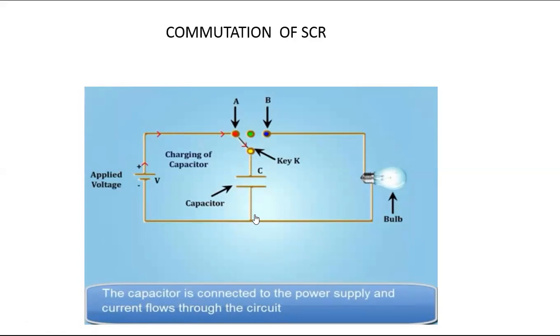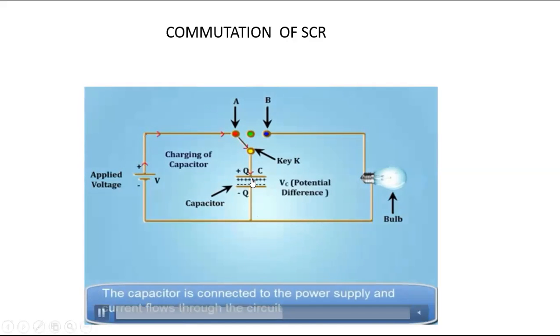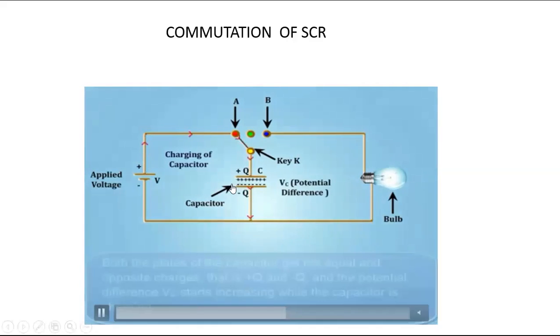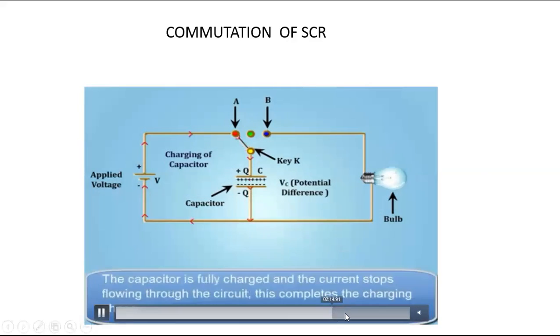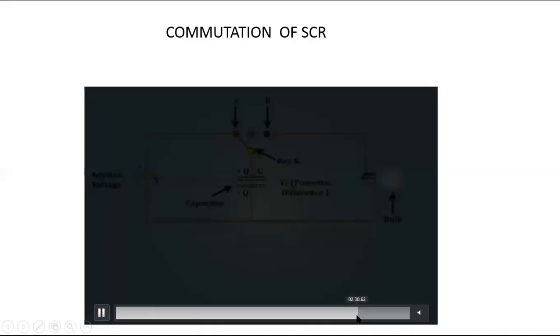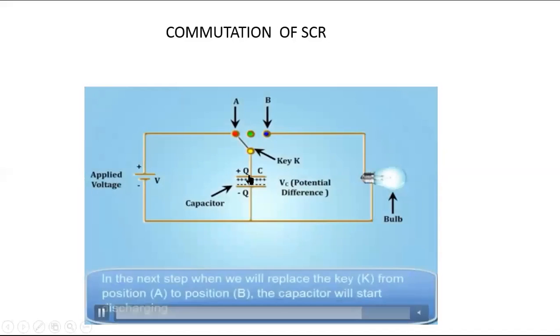But what point do we have to concentrate on here? What is the direction? You can see the positive and negative. The upper plate is positive and the lower plate is negative when the capacitor is charging. When the capacitor is discharging also, the upper plate will be positive and the lower plate will be negative. This is important in our subject because we have to explain how the current flows.